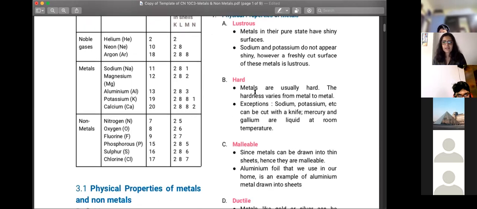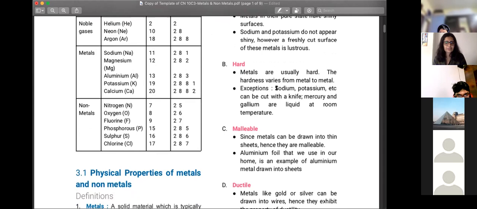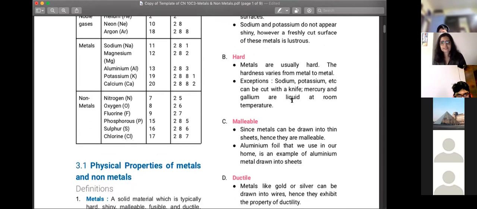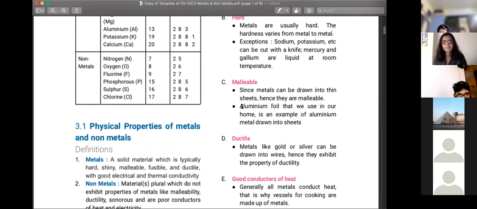Metals are usually hard. Exceptions are sodium and potassium, which can be cut with a knife, and mercury, which is liquid. We discussed this. Malleable. An example of malleability is aluminium foil. Even medicine covers, right? You can see that this is really shiny, so it's a metallic thing.